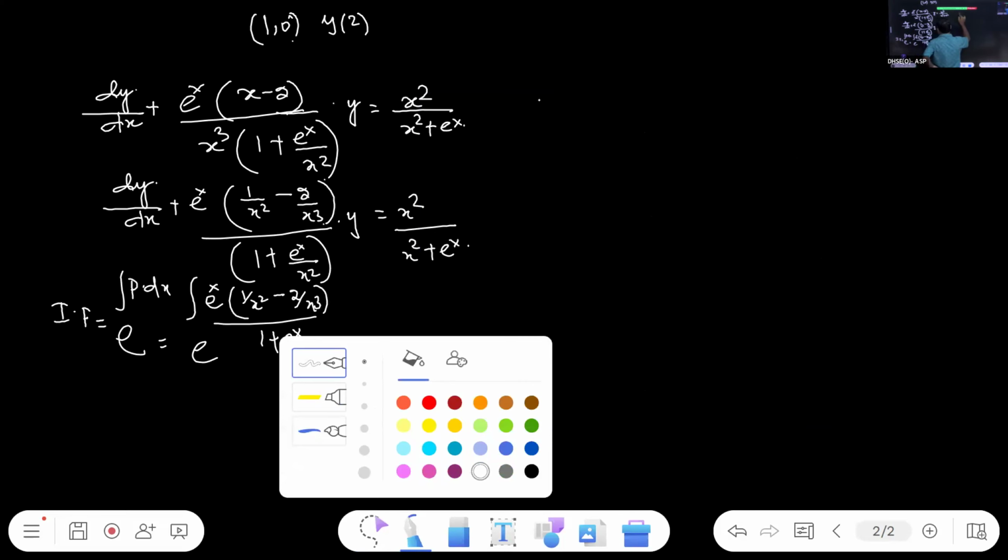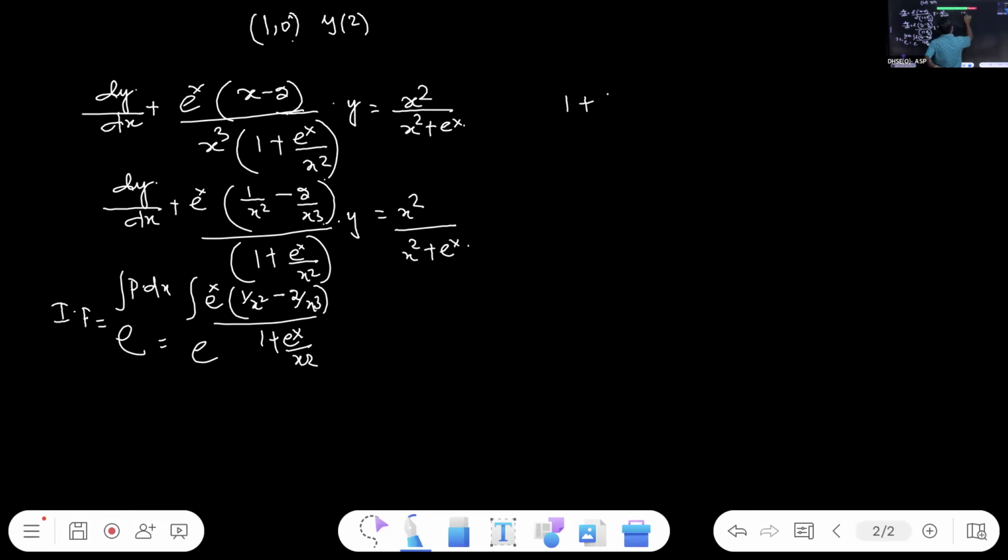Now substitute 1 plus e power x upon x square is equal to t. This implies (x square into e raised to the power x minus e raised to the power x into 2x) upon x to the power 4 dx will be dt.